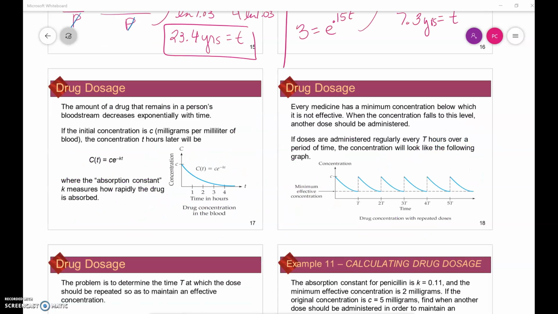All right, so the next way that we can use logarithmic functions is to talk about drug dosage. The amount of a drug that remains in a person's bloodstream decreases exponentially with time.